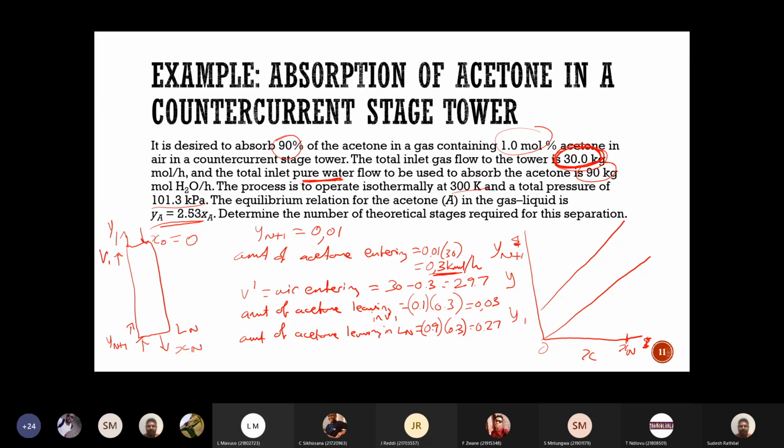V1 will be the total amount of acetone that is leaving with V1, which is 0.03, plus the inert air that is leaving, which we worked out already.